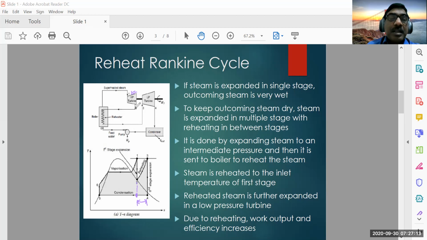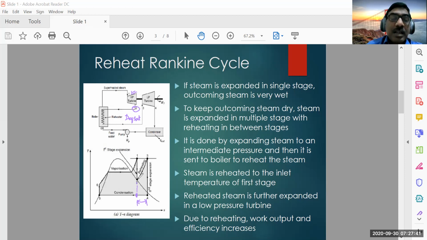And the exit stream at 2 will be typically dry saturated. Sometimes it may be slightly higher than the dry saturated, and sometimes it may be slightly wet steam. But typically the steam that is coming out of the high pressure turbine will be dry saturated steam.